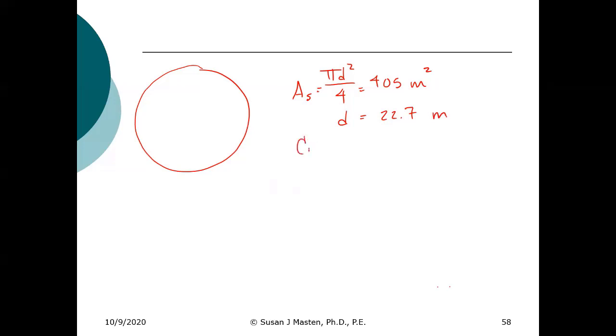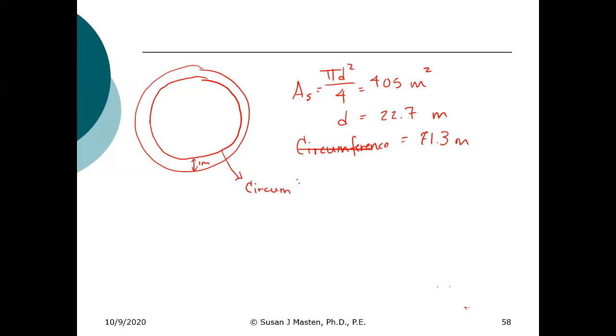That means we have a circumference equal to 71.3 meters. Now, if we put the weir here in this center, and this is offset by 1 meter, that means we would have a new circumference. This circumference here is equal to 65 meters. We just calculated that we need 72 meters of weir.